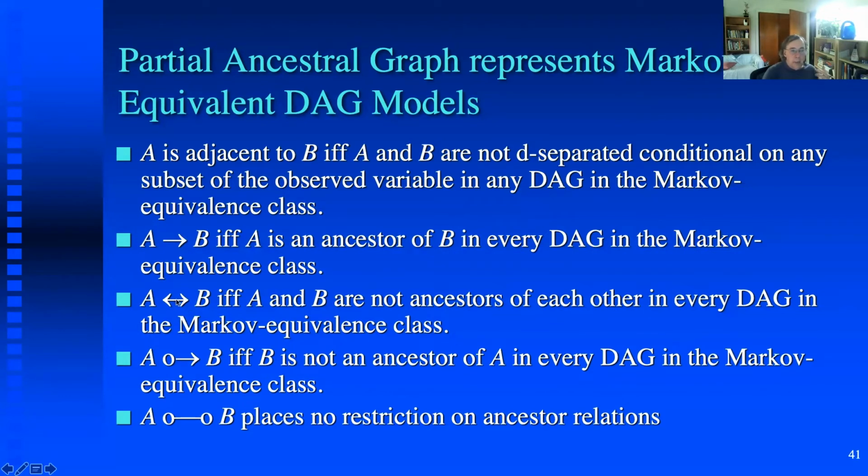A double-headed arrow B, so the arrowheads mean not an ancestor, the tail means is an ancestor, and the circle means sometimes it's an ancestor in a Markov equivalent graph, and sometimes it's not. So now I have these different kinds of edges. I can have a directed edge, a bidirected edge, a partially directed edge, and this kind of undirected edge.